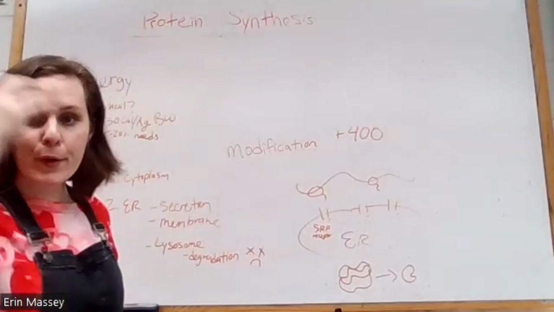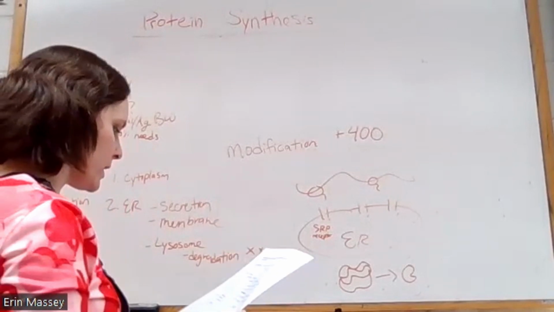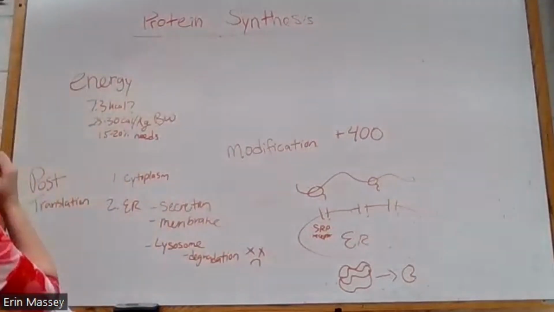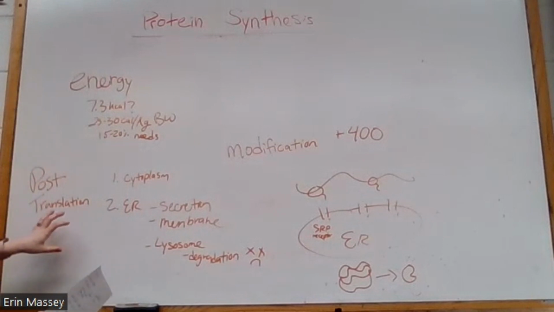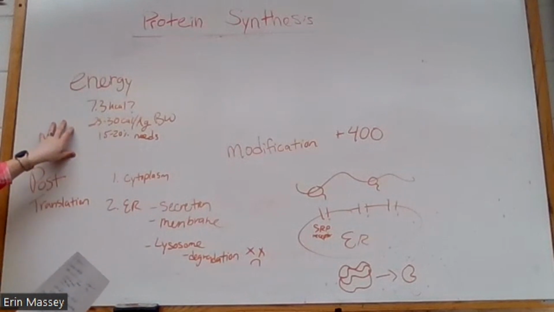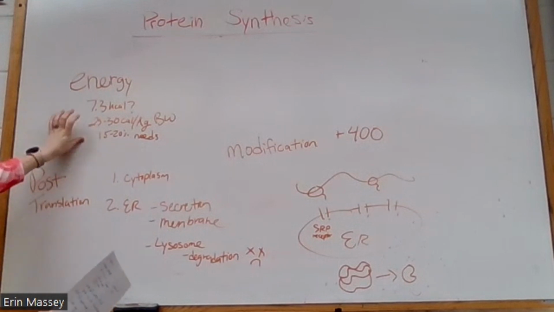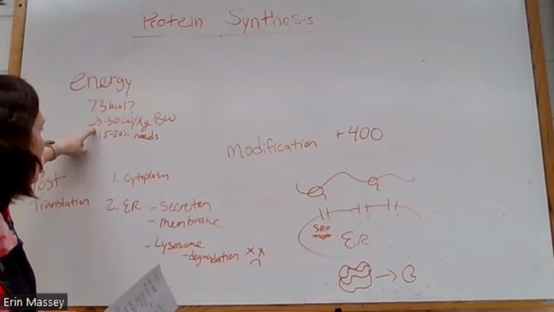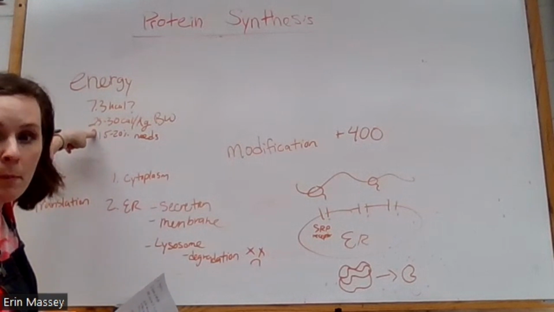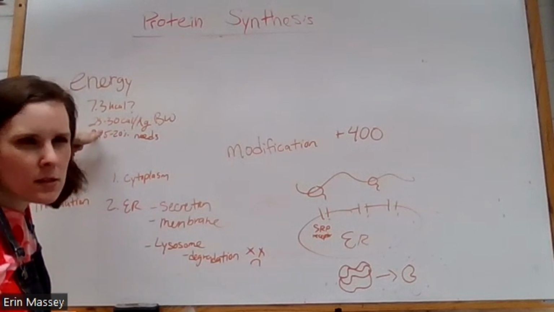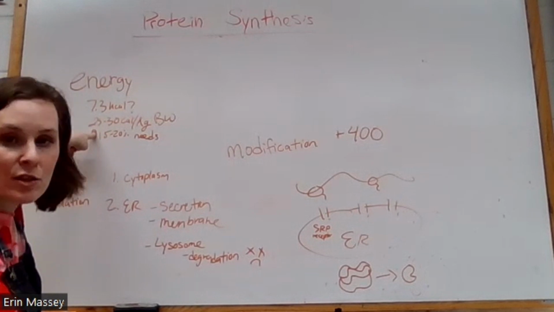All right, so what happens after translation is basically completed? Translation itself, to actually get those proteins made, is going to take 7 kilocalories per gram of protein, or 25 to 30 calories per kilogram of body weight. That is the hospital calculation or oncology.